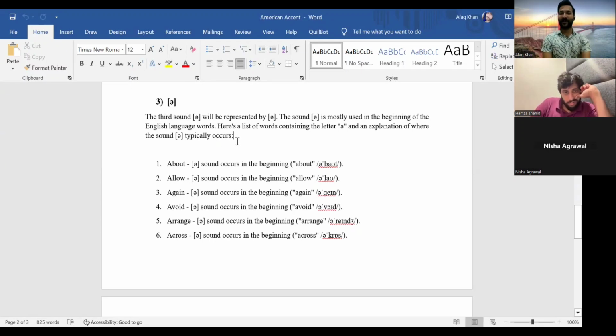Okay, good job. Perfect. Now we're gonna try how to produce this sound. The first sound of the letter A was A. The second sound of the letter A was ah. The third sound of the letter A is uh.